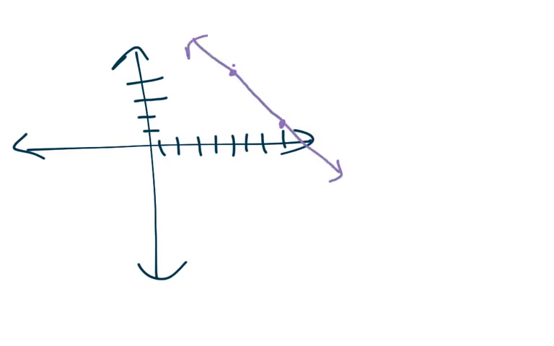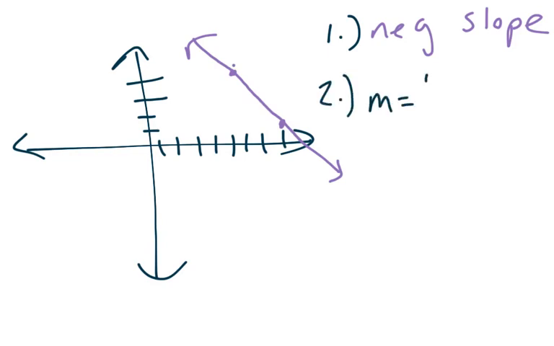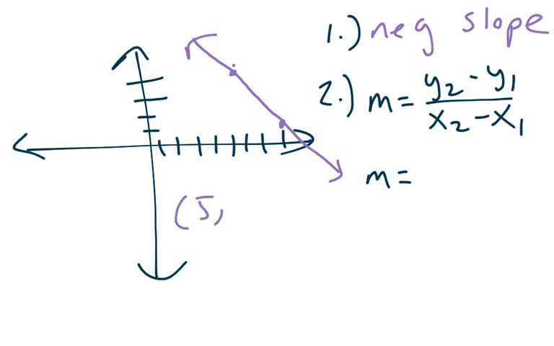Okay. So my answer to the first question: I know that because of the direction this line tilts, this line has negative slope. So when I do the calculation out, I should be getting some kind of negative number. Here's my formula. I'm going to keep writing it down because I want to have the formula memorized. And we can pick the points in any order. I had the point (5, 4) and the point (8, 1).